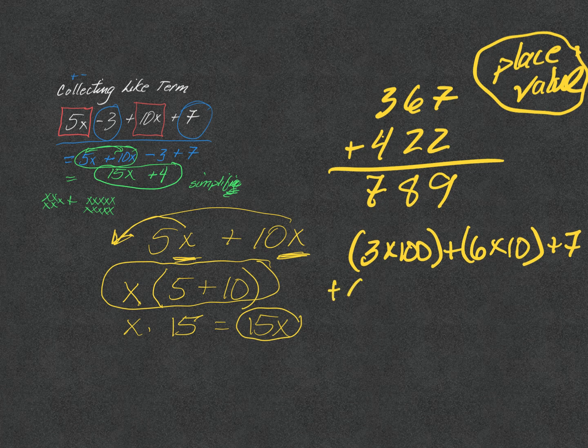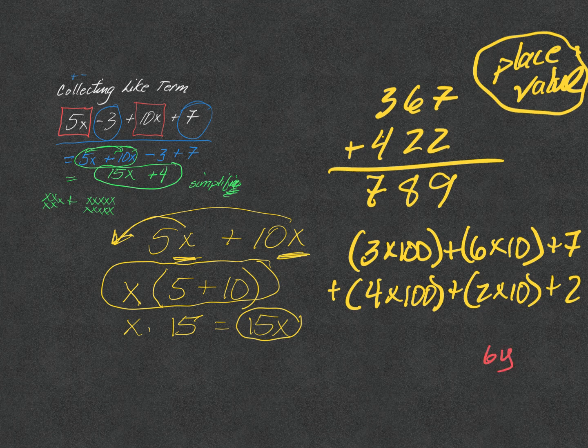And then I'm going to add that to 4 times 100 plus 2 times 10 plus 2. And so what you can see now is that this 6 times 10 or 2 times 10, that's like writing 6y and 2y, where the y is the 10.